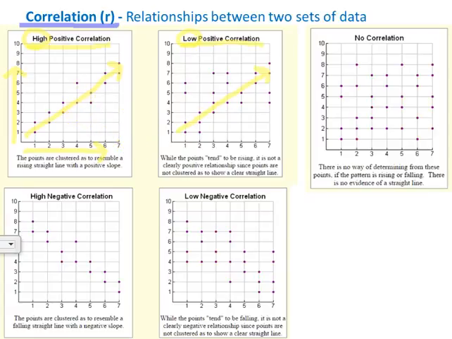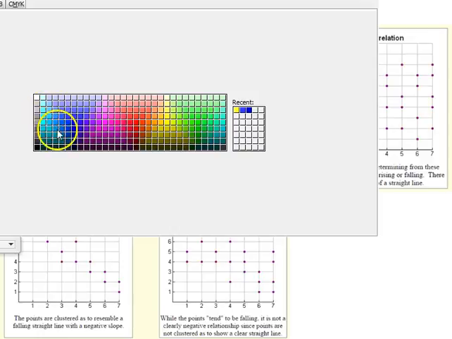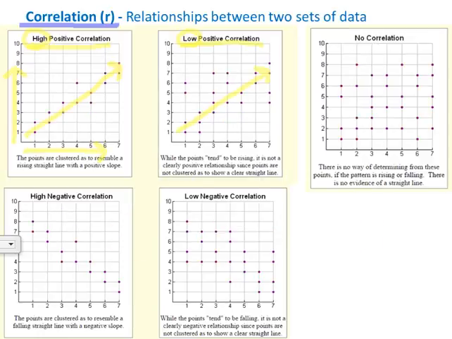And then we can see the opposite below. So let's go in a different color here. These points are clustered pretty tightly, but in this case they're sloping downward, which tells us that as one variable decreases, the other one is also decreasing.